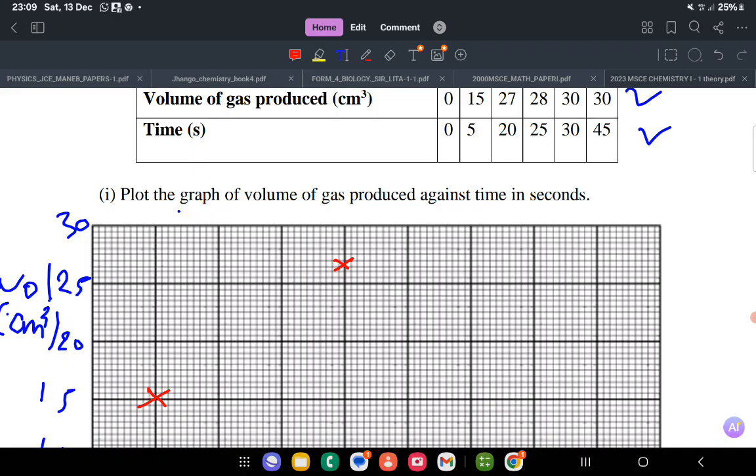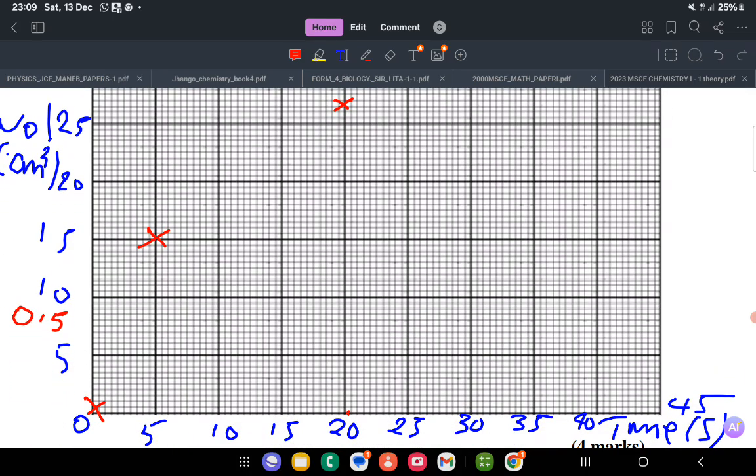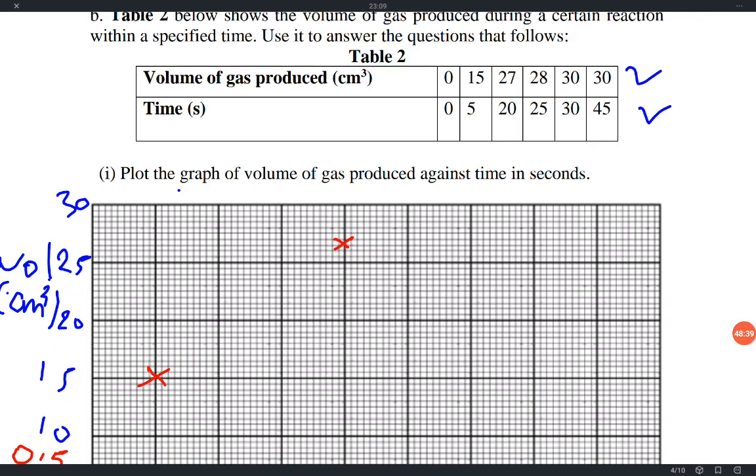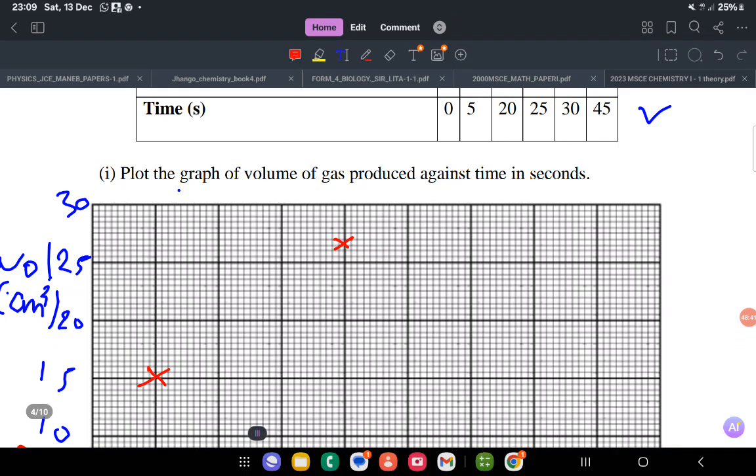So from 25, we need 6 of these. 25, 28. From 25, we have 1, 2, 3, 6 of these. Somewhere there. All right.